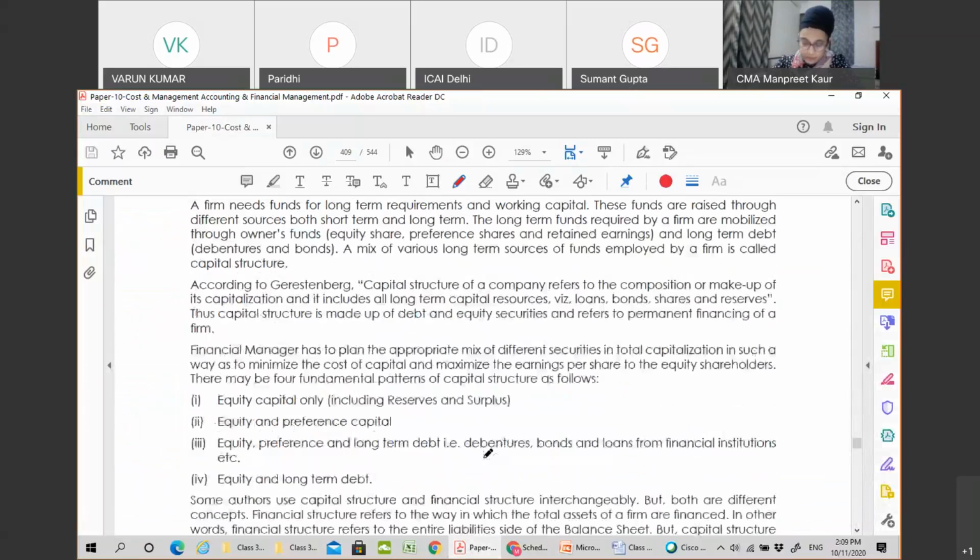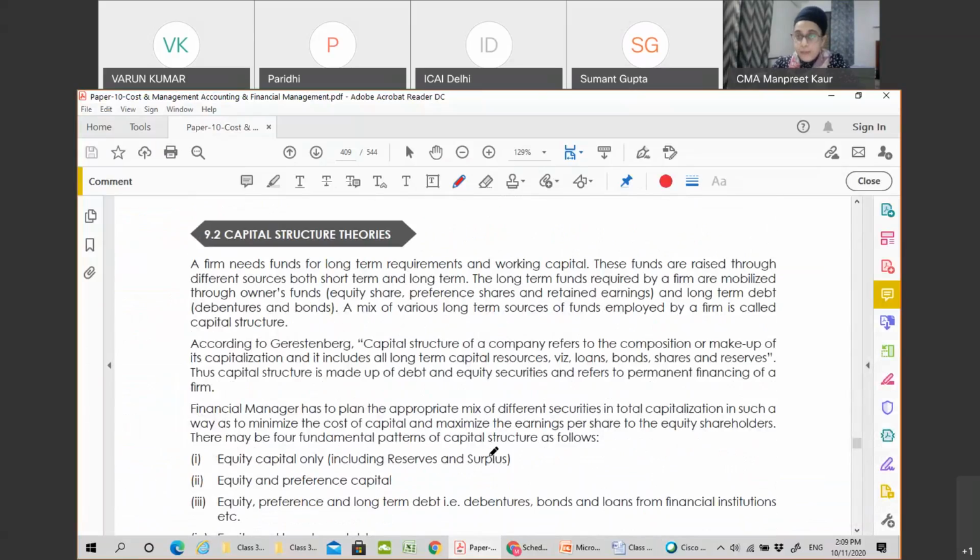Page number 397 of your study module. It says capital structure theories. If a firm needs long-term requirements and working capital, the funds are raised through different sources, whether short-term or long-term.